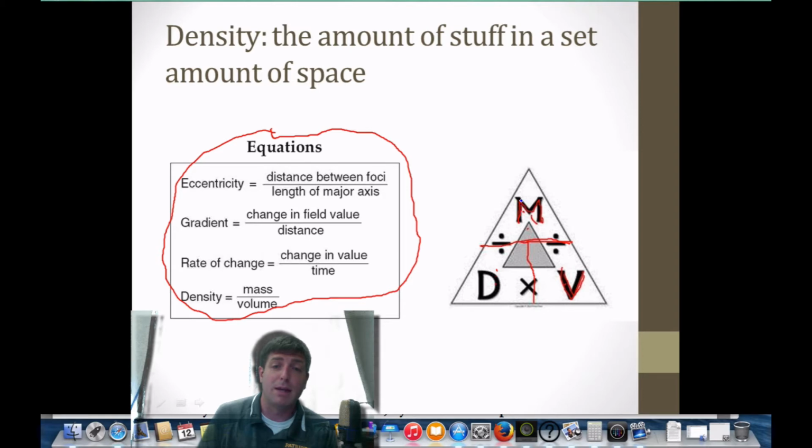Well, you would take the mass and divide it by the density. And then finally, if you want to find the mass and you were given the density and the volume, you would calculate the mass by taking the density and multiplying it times the volume.